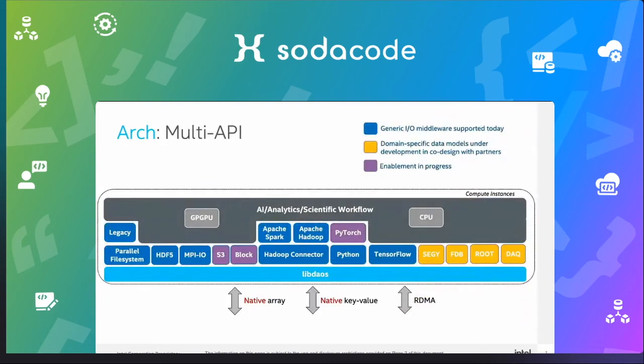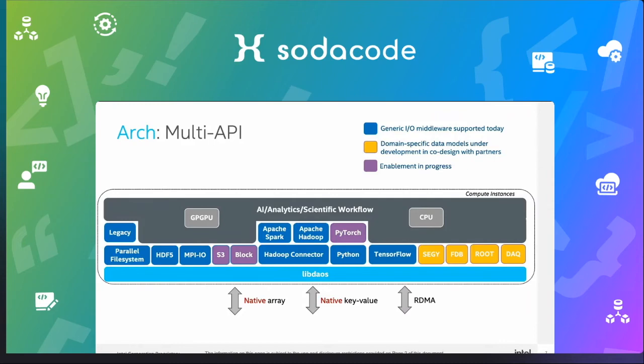In addition to the notion of container, DAOS comes with a new baseline API implemented by libDAOS. The DAOS API is very rich and has native support for arrays and key-value store, and can leverage RDMA whenever available. It can support complex scatter-gather descriptors to write any piece of memory to different parts of the object.